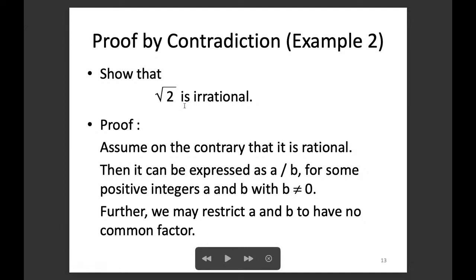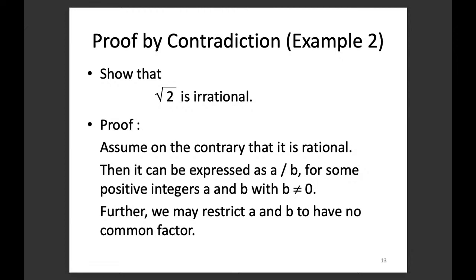If you try to show this by direct proof, you need to examine all the possible combinations of integers and find that none of them equal square root of 2. But this could be super tedious, or you may never be able to do that because there are infinitely many cases to consider.